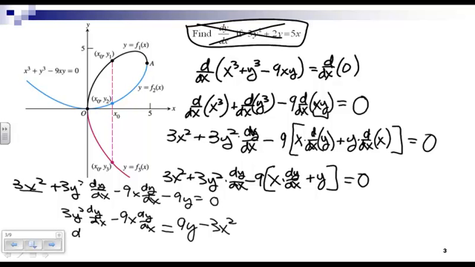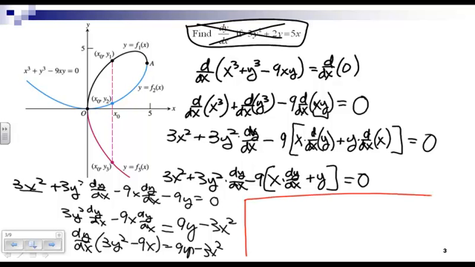When I factor out the dy dx, I get 3y squared minus 9x is equal to 9y minus 3x squared. Did I do that right?